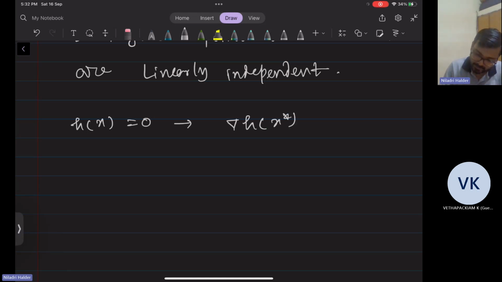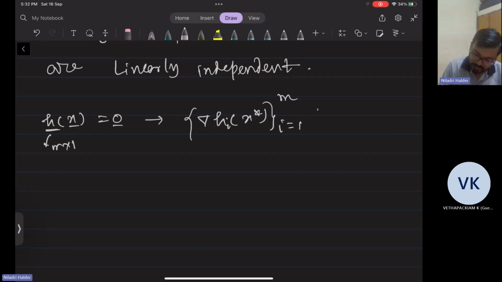Suppose h is a vector, then we need to find this for all values of i, from 1 to m, where h is an m cross 1 vector. Then we need to show that these gradients are linearly independent. Then we can say that this x star is a regular point.